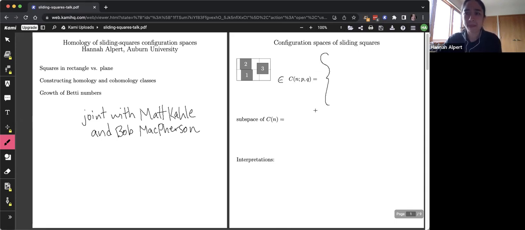So the configuration space I'm going to denote by C for configurations of n pieces in a P by Q rectangle, and that's the ways to arrange n labeled disjoint upright, so they're not allowed to turn, they're only allowed to slide, 1 by 1 squares, in a P by Q rectangle.